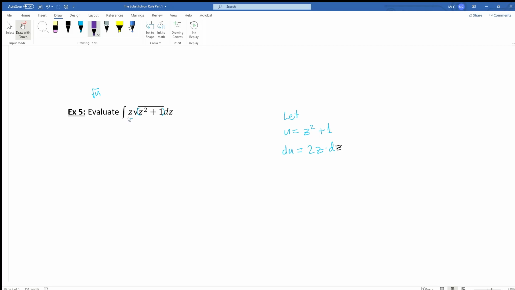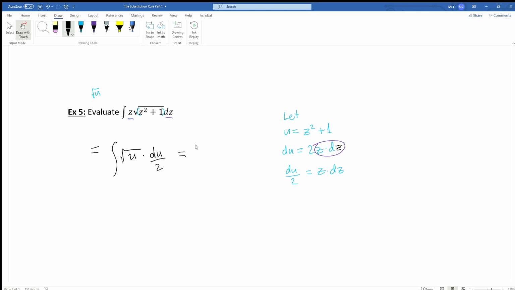And we've got z and we've got dz here. So if I want to make it just a little easier to substitute in, I can make this du over 2 equals z dz. So this becomes the integral of the square root of u times, and then z dz is going to be equal to du over 2.